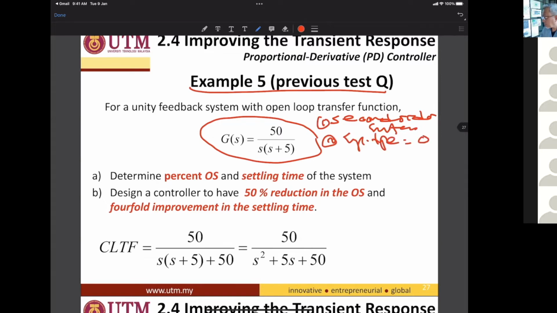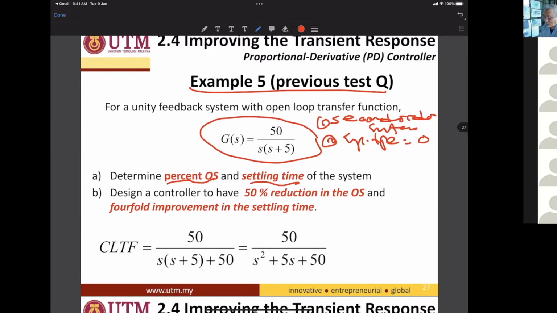System type 0. Okay. So dia suruh kira overshoot percentage dengan settling time. Dia tak ada bagi graph. Nampak? Biasa dibagi kan, sekarang dia suruh cari sendiri.